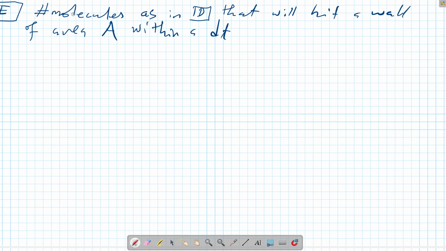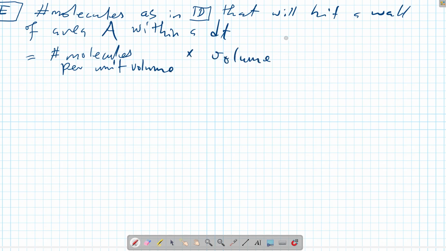So if we want the number of molecules, one can imagine we can get that from the number of molecules per unit volume times some measure of volume, right?